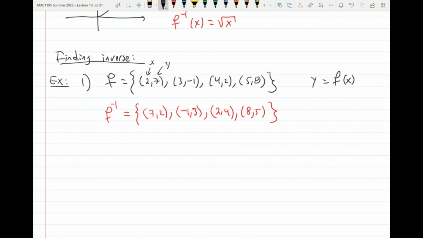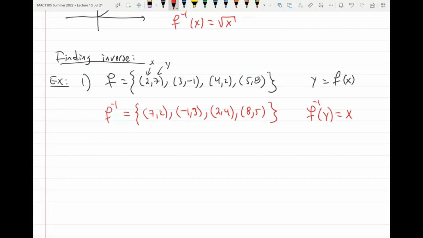Because when you find the inverse, f inverse of y has to be equal to x. In other words, the output that was y now becomes the input, and the input that was x now becomes the output of a new function. Does that make sense? So the roles of x and y are switched.